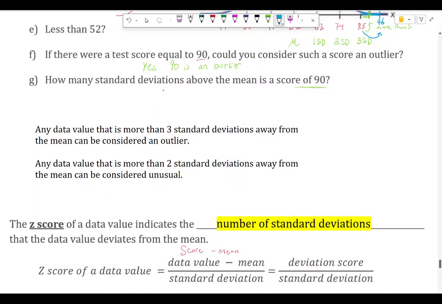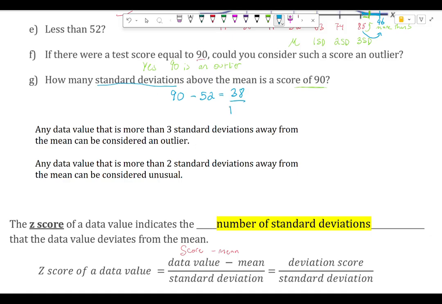In order to find this, we know that 90 is the score, and we're given that the mean is 52. So the difference between the score of 90 and the mean of 52 is 90 minus 52. Let me grab my calculator to make sure I do that right. 90 minus 52 is 38. Yes, 38.